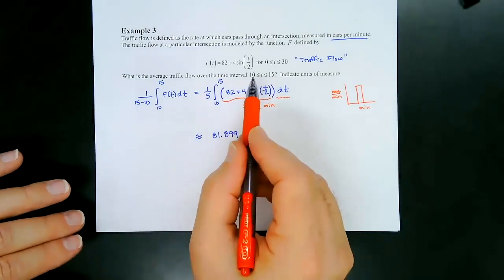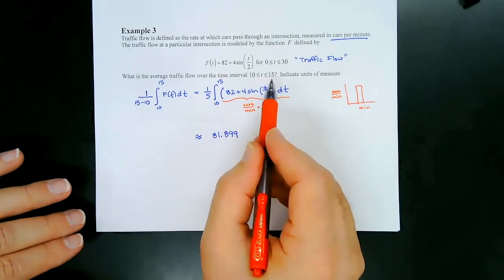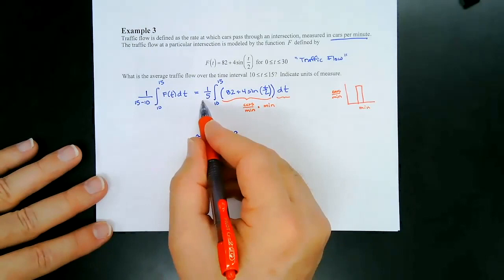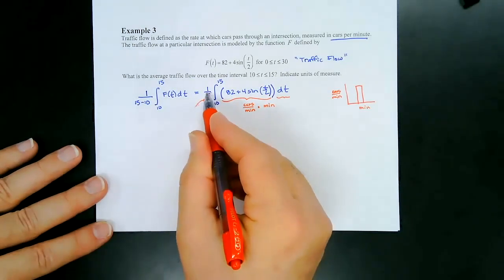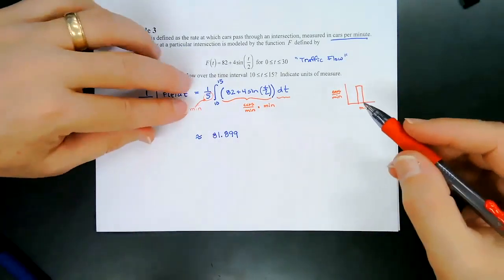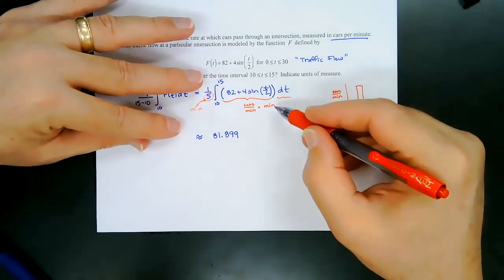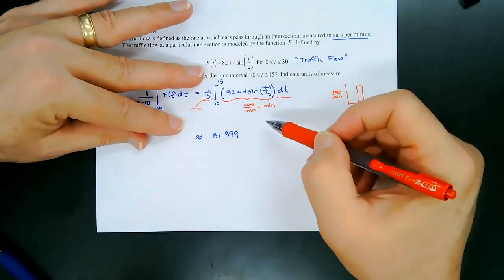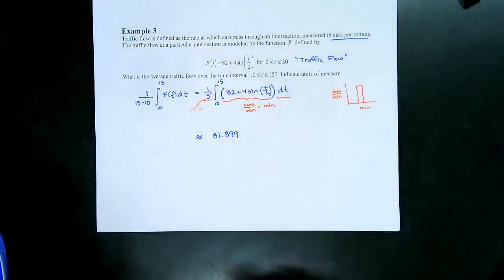Those t values, this is 10 minutes and this is 15 minutes. So this 5 right here is actually 5 minutes. So we're taking this, that's cars, and multiplying it by the units 1 over minutes. And what would that give us? That would give us cars per minute.